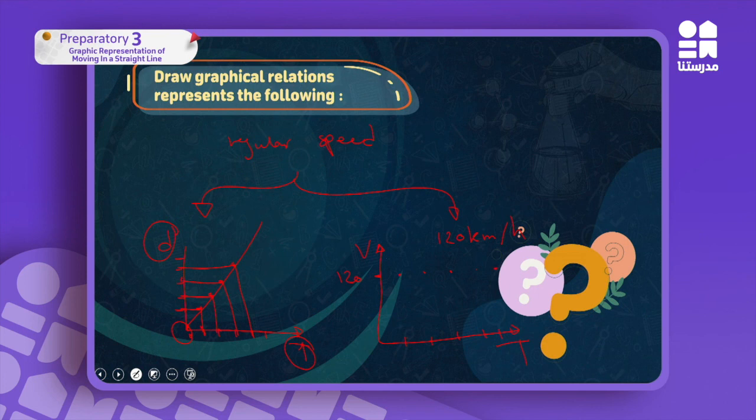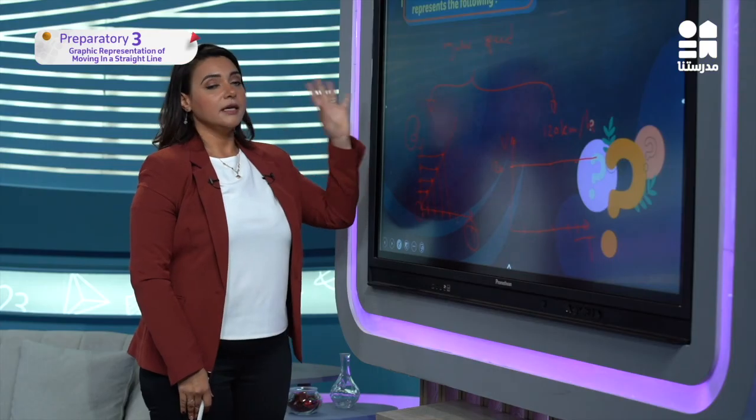Is the speed changing? No. So if I connected between these dots هتديني إيه؟ Straight line parallel to the time axis بالظبط كده. So these are the 2 types of the graphs that I can represent the regular speed of any moving object.